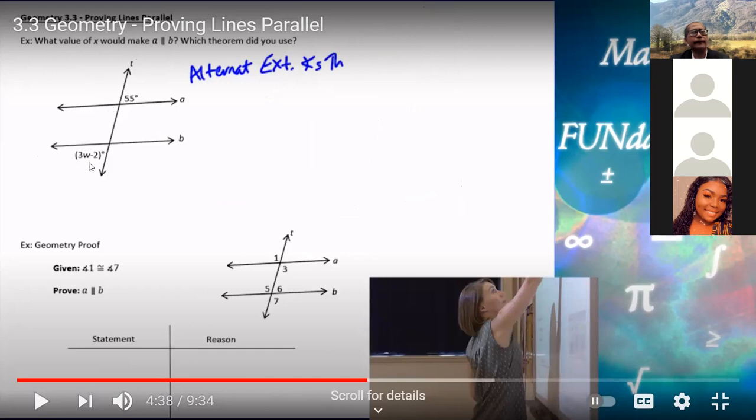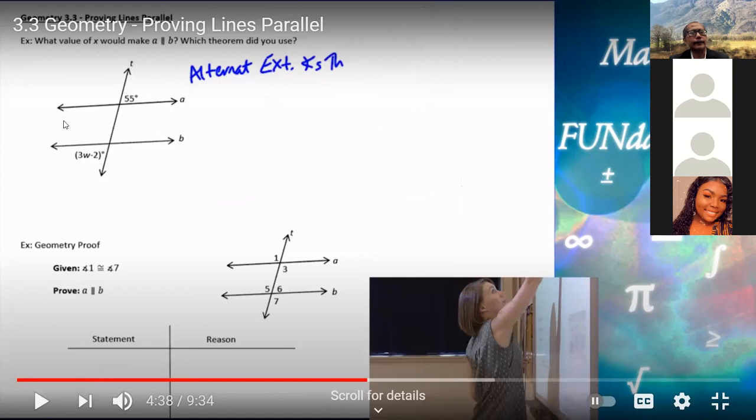So looking for what is the value of W that would make the two lines parallel. So we can use the alternate exterior angles, right?